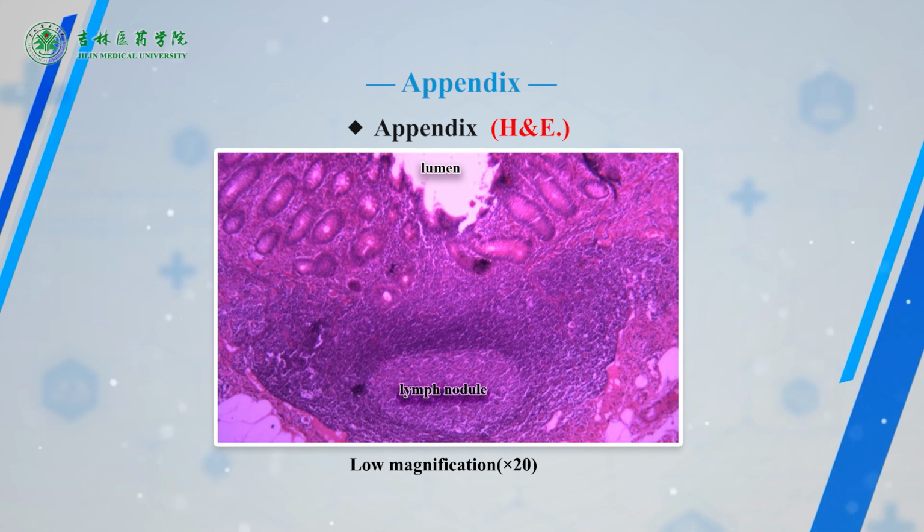Staining. The lumen is small. The deeply stained lymphatic tissue can be seen in the mucosa and the submucosa in this histology slide. The inner layer of mucosa is simple columnar epithelium, which is often incomplete because the epithelium is easy to peel off.